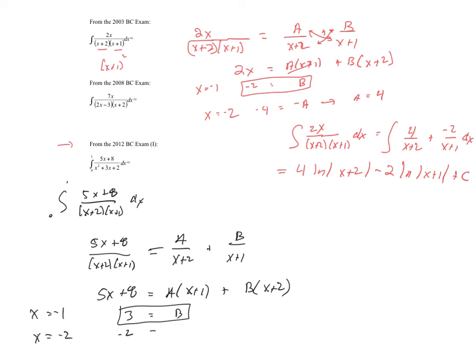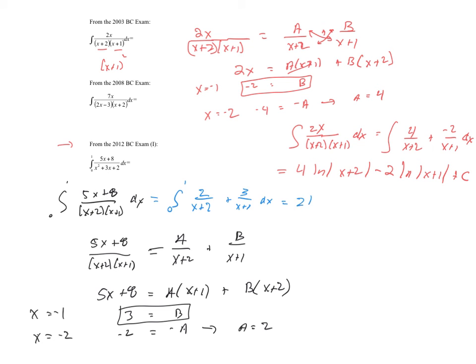So then I've got -2 is equal to -a, so a is equal to 2. Now I can go back up to my original expression, and I can say that I've got from 0 to 1 of 2 over the quantity x plus 2 plus 3 over the quantity x plus 1 dx.